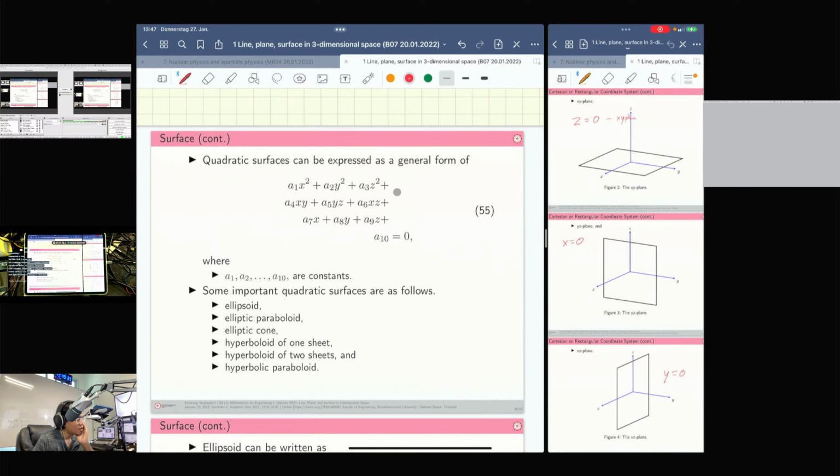Because the maximum order of the polynomial is only 2. Second order, or quadratic. We have the maximum power of the polynomial as 2 here, whether it's x, y, or z. If the order is greater than 2, it's no longer called quadratic anymore. It's going to be, I don't know, a cubic surface or something like that. The name may change.